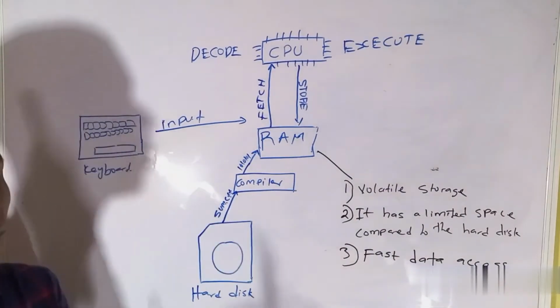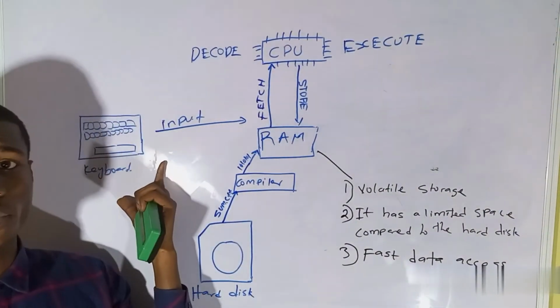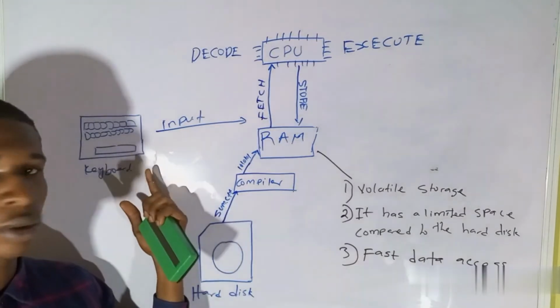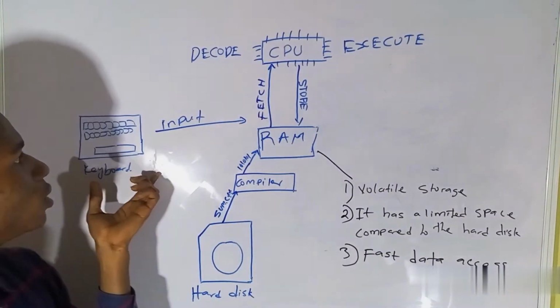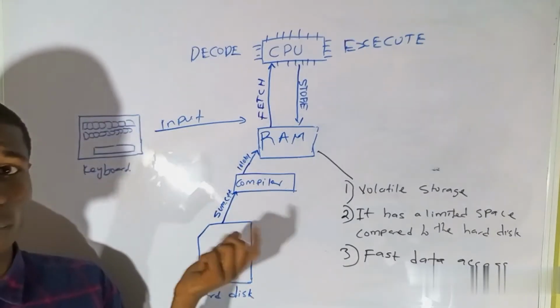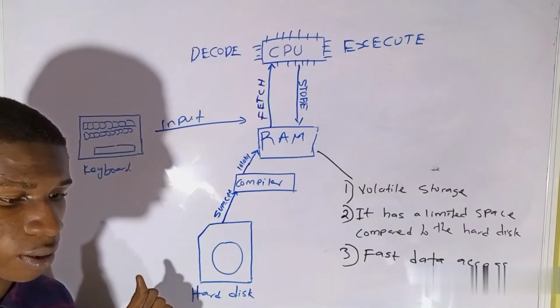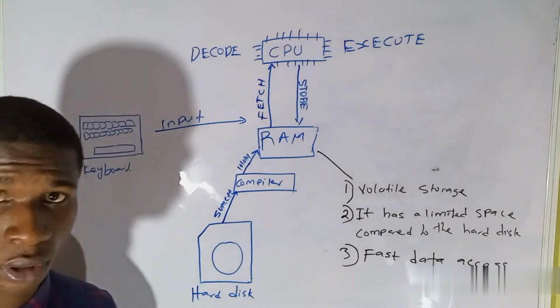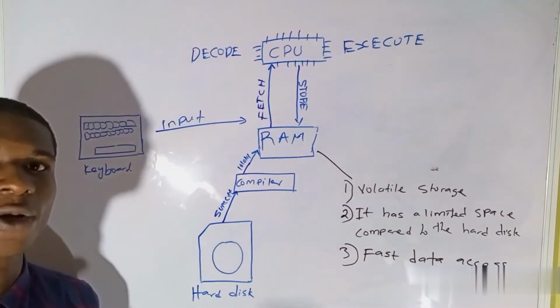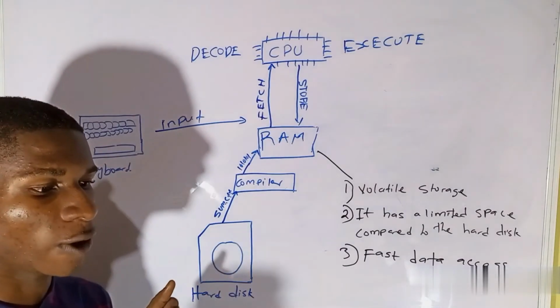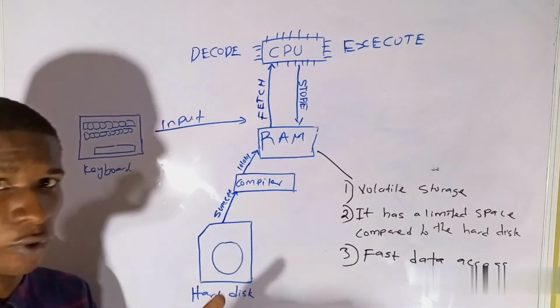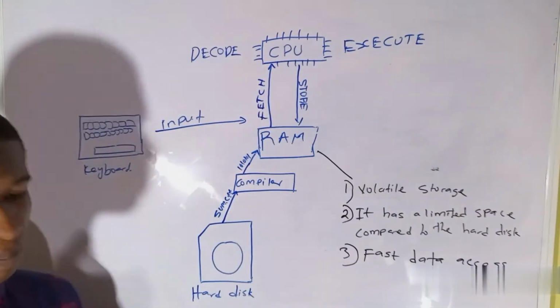Now check this out. The input comes from the keyboard. Basically, the input always comes from an input device, like a mouse, like a microphone. Basically, any device that can convert data in a human readable form to the computer readable form is an input device.